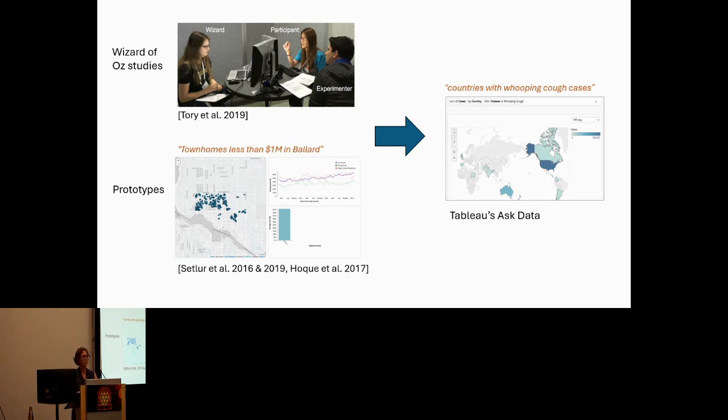What we noticed in that study, even though it wasn't our goal, was that people could express what they wanted in English much more easily than they could by picking and choosing data attributes and putting them into a visualization tool and producing a chart. So even back then, it was clear that using natural language to interact with your data might be a promising direction to help people do so more easily.